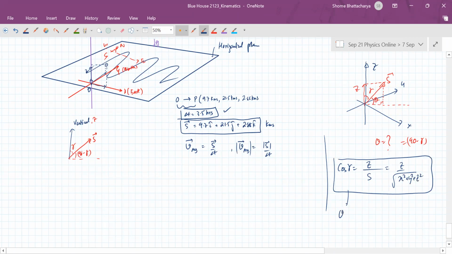So now your theta will be 90 minus gamma. I hope the method is clear for calculating the angle made by the displacement or average velocity, whichever of the two you're looking at. They are one and the same thing because they are collinear vectors, lying along the same axis, in the same direction.